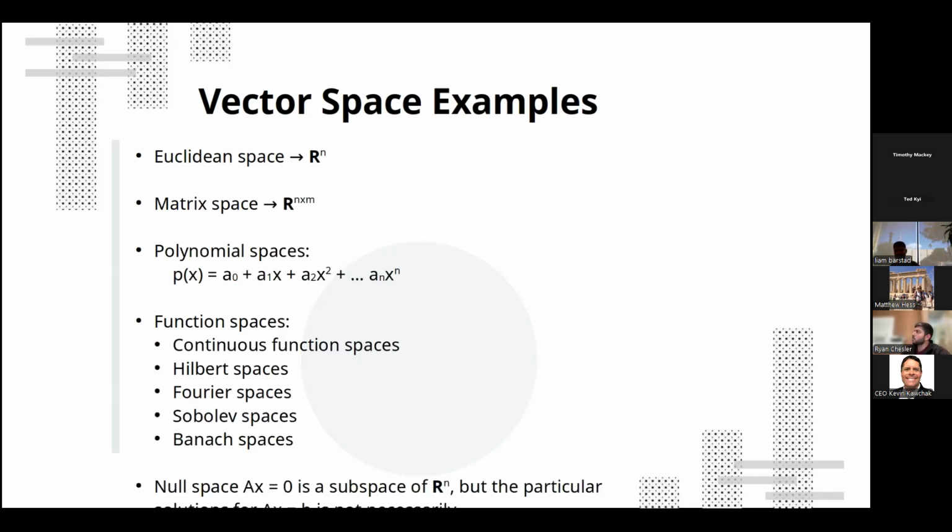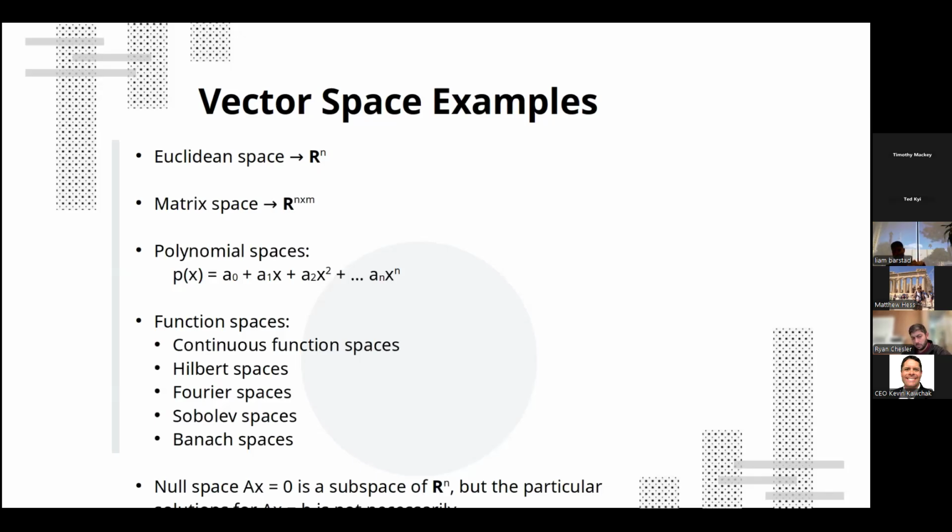It's unfortunate that this got cut off, but the null space is actually a subspace. AX equals 0 is a subspace of Rn, but the particular solution, AX equals B, is not necessarily a subspace of Rn. I'll let people think about the reason for that.